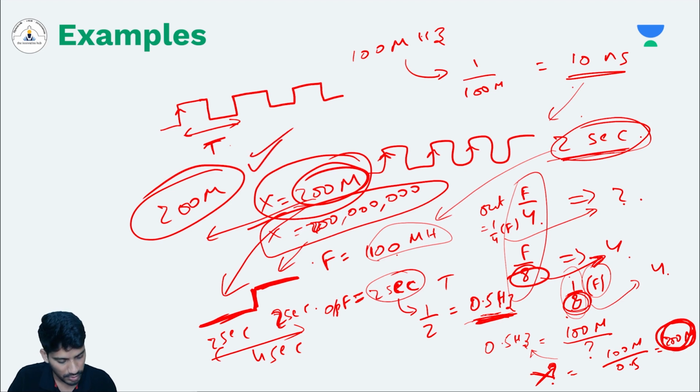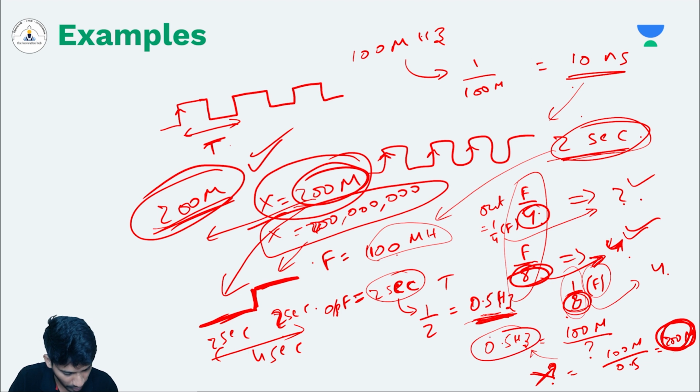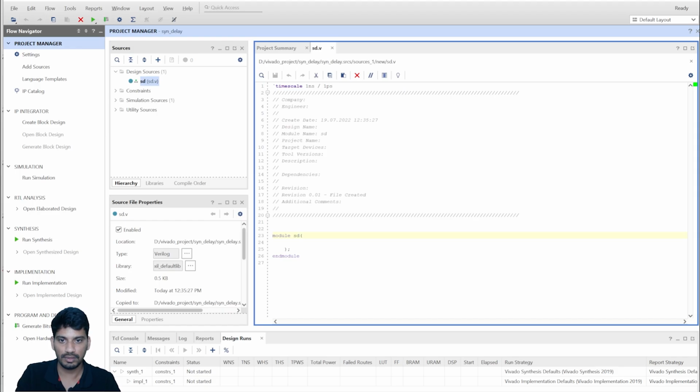Similarly, 4 is used for f by 8 and 2 is used for f by 4. We are using 200 mega for f by how much? It is 0.5 Hz, not 0.5 Hz. If it were 0.5 Hz, it should be 100 mega, half of it. Let's create out, in1, in2, clock.